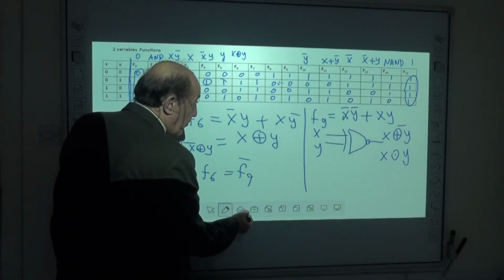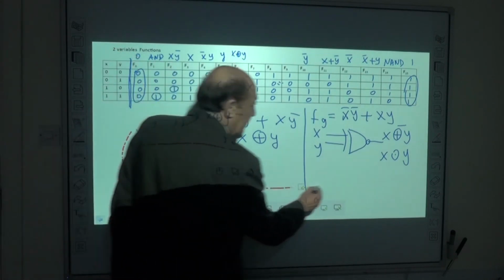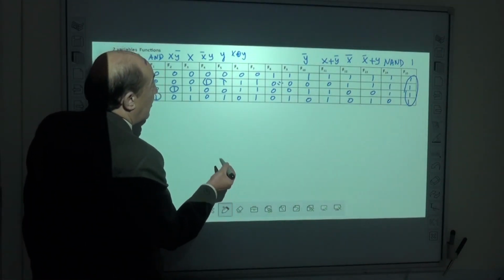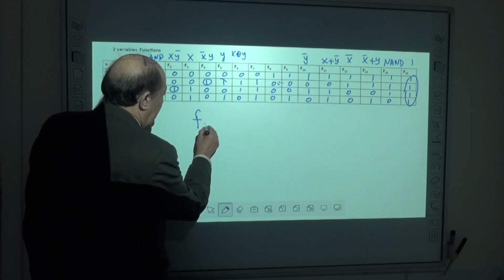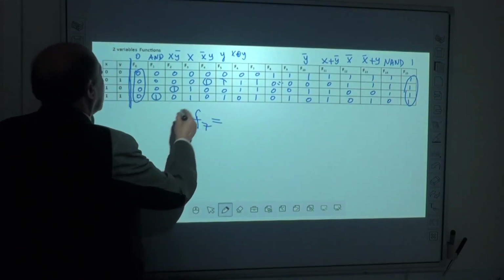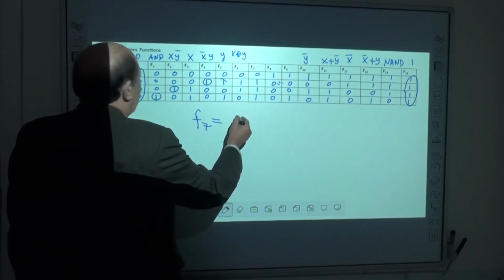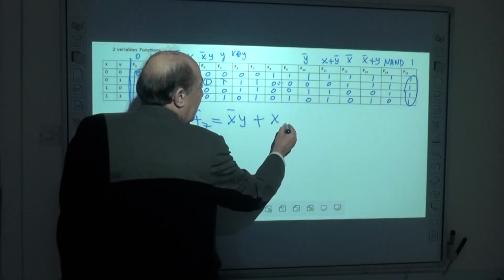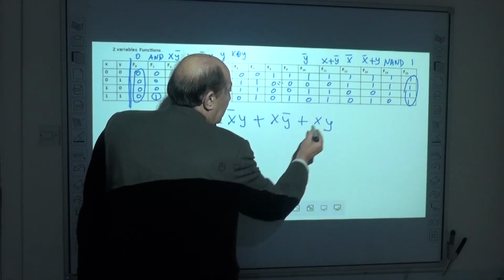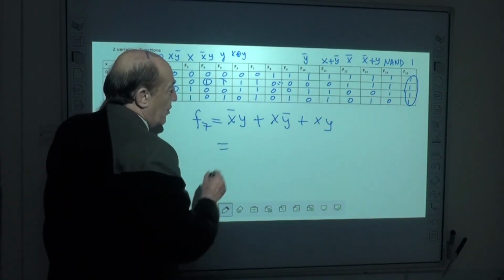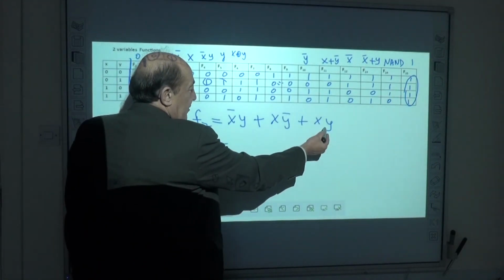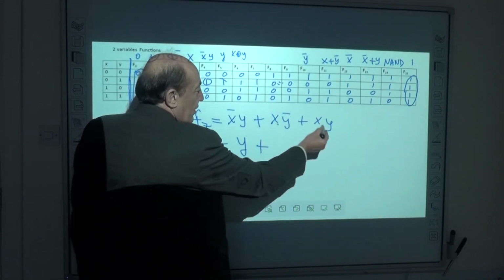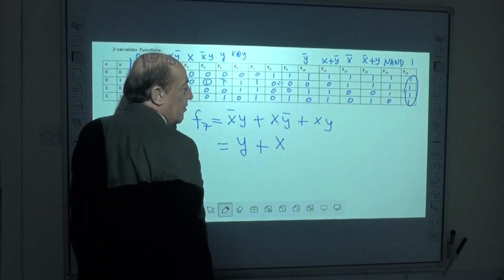Next, we have f7, which equals 1 here, not x y, or x not y, or xy, which is equal to, we can group the first with the last, which gives y, or we can group the second with the last, x.